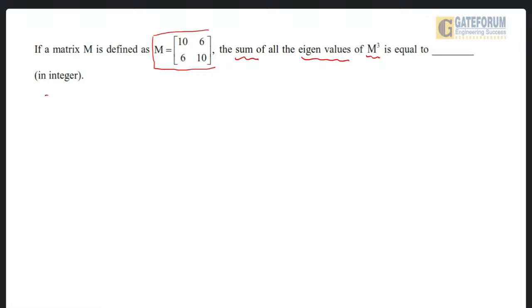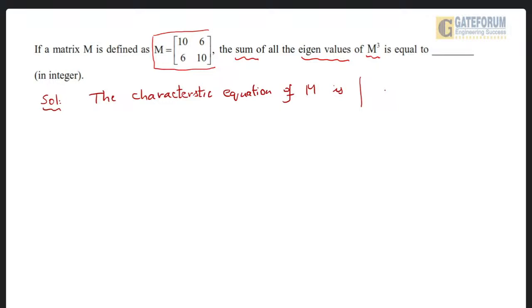Solution. Now the first step is finding the eigenvalues of M by forming the characteristic equation. The characteristic equation of the matrix M is determinant of M minus lambda I is equal to 0.